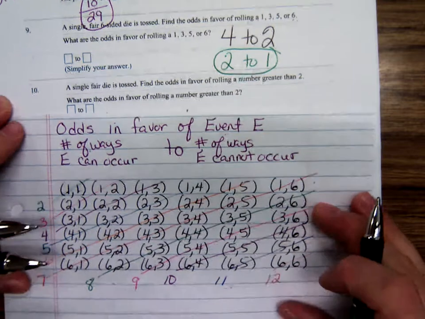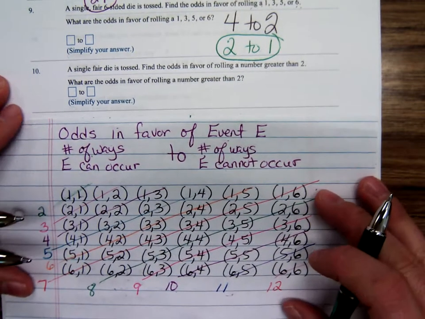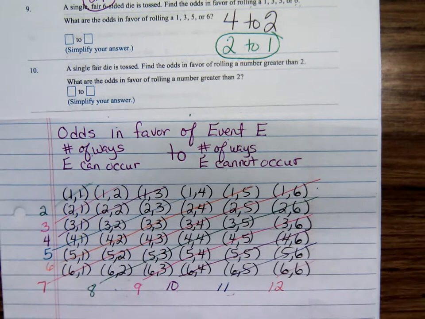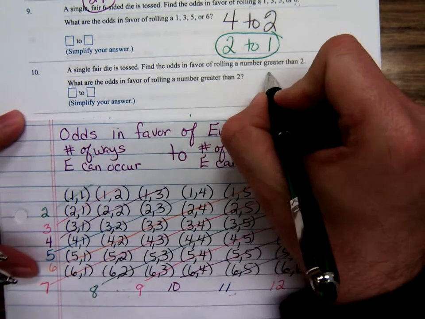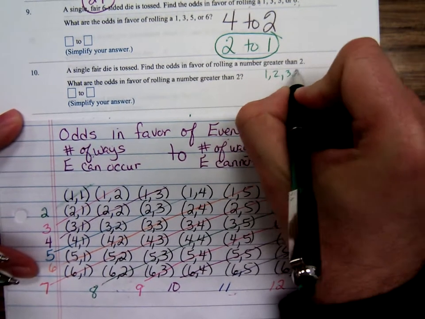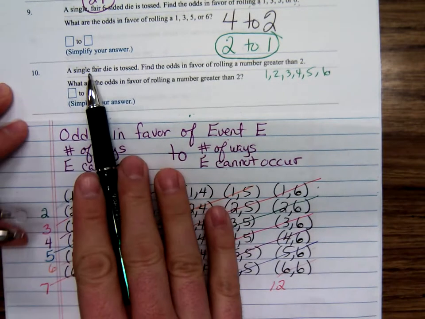Oh, here's another odds problem. Number 10. A single fair die is tossed. Find the odds in favor of rolling a number greater than 2. A number greater than 2. Well, I guess I should have written out all the little outcomes. If you're just rolling one die, don't look at this.